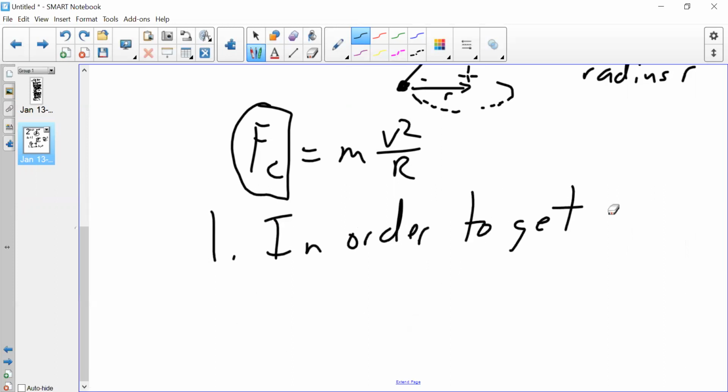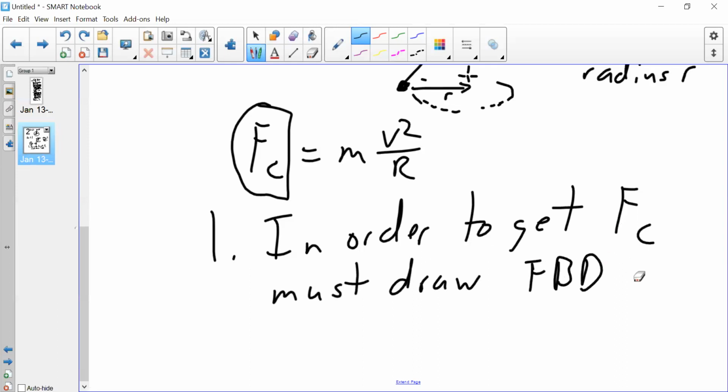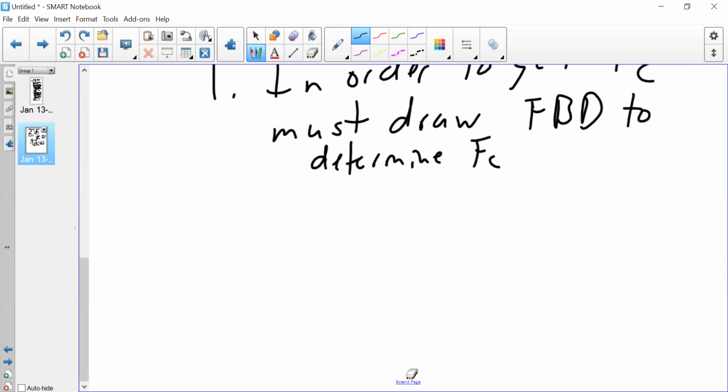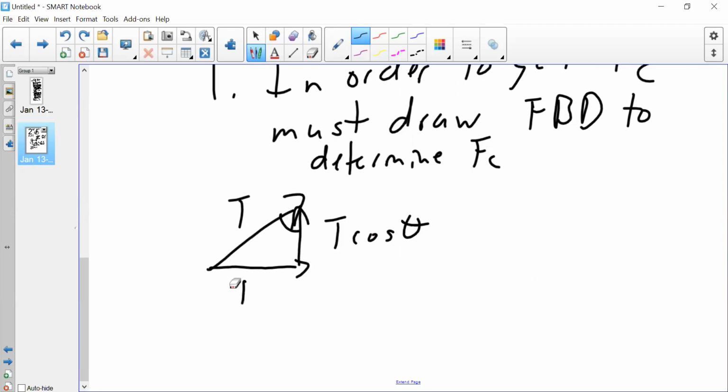In order to get the centripetal force, we must draw a free body diagram to determine FC. And by now, tension at angle theta, this is T cosine theta, this is T sine theta, both positives.